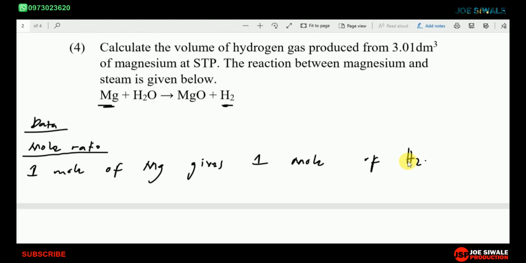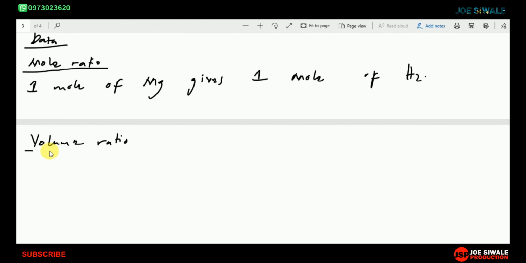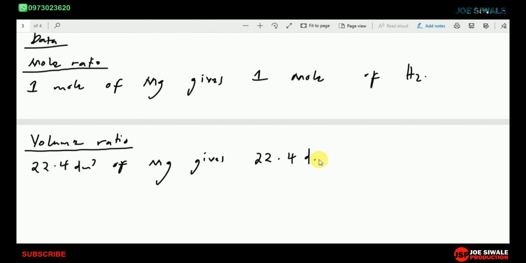Then from there, we're going to write down the volume ratio. Then for the volume ratio, we can say 22.4 cubic decimeters of magnesium gives 22.4 cubic decimeters of hydrogen gas.